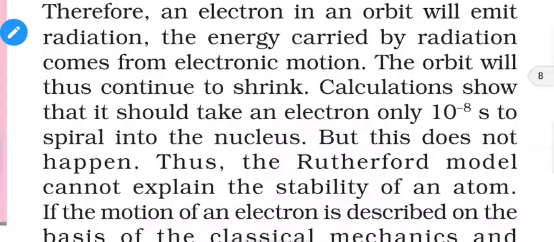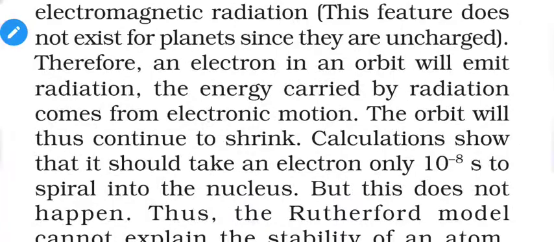So here is a contradiction. In our planetary system, planets and the sun are not charged particles, so they need not emit electromagnetic radiation, whereas electrons are revolving around protons or the nucleus which is positively charged. So both of them are charged particles, and when electrons are revolving around the nucleus, they must emit electromagnetic radiation according to Maxwell's theory.